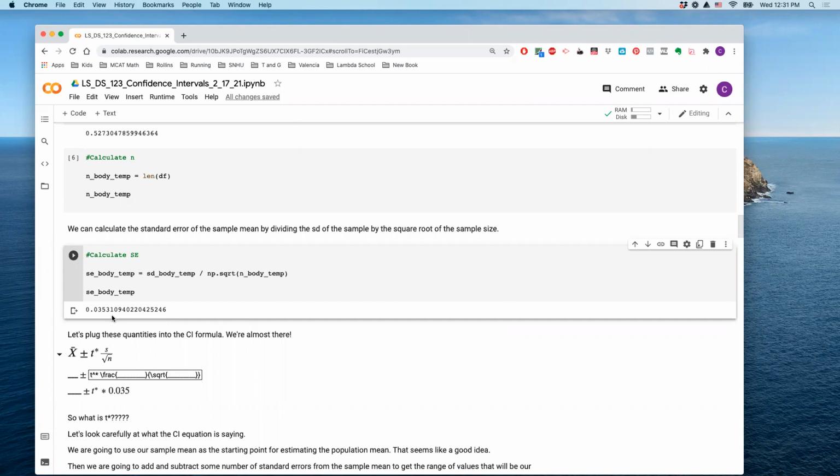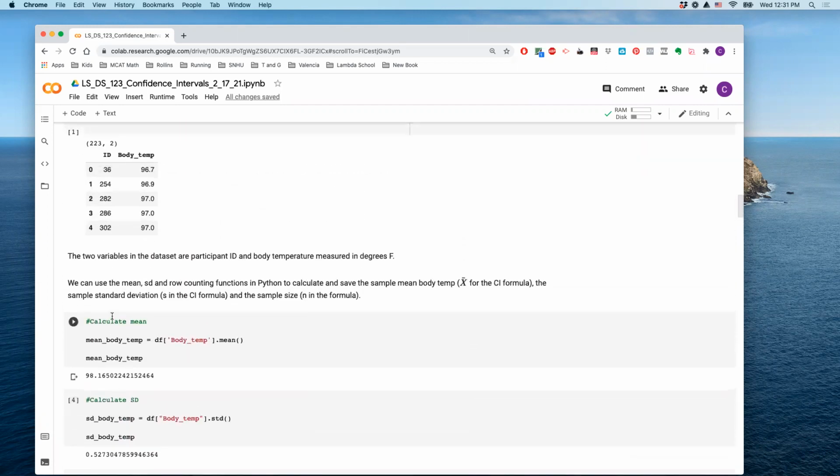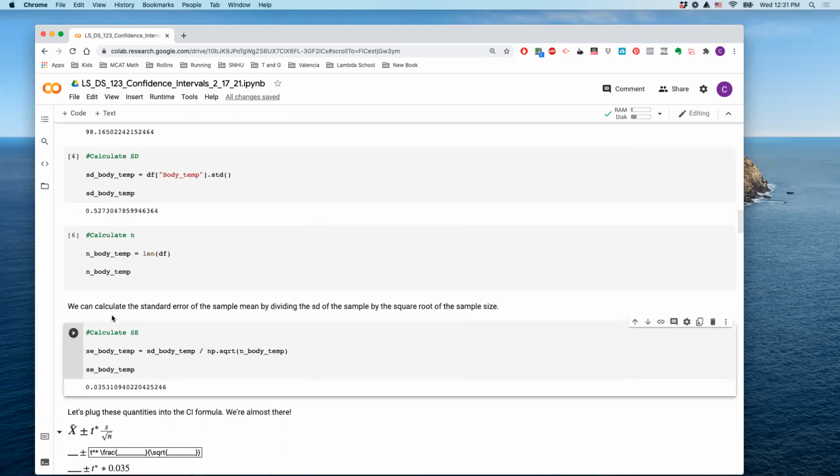But think about this situation, we have a sample of 223 people. Think about if you went out and got a sample of 223 people and the mean height was 6'4". That would be really weird. The only way that could happen is maybe if you were at the NBA playoffs or something like that, right?